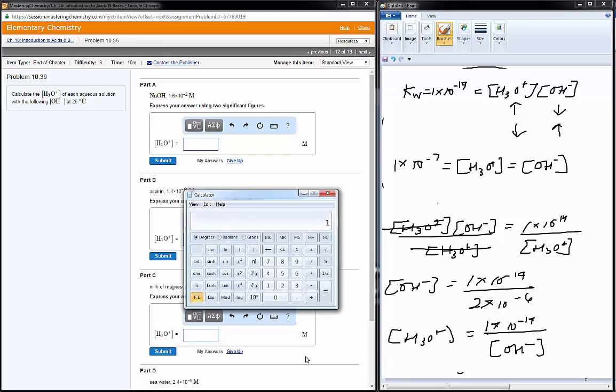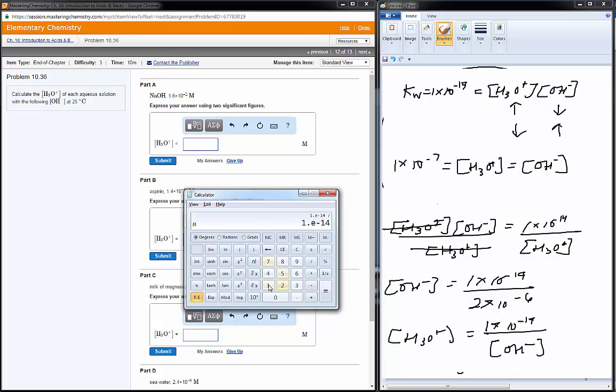So 1 times 10 to the negative 14th. In fact, in order to make my life easier, I'm just going to hit memory store and say 1 times 10 to the negative 14th, which I'm going to use over and over, is stored into my memory.